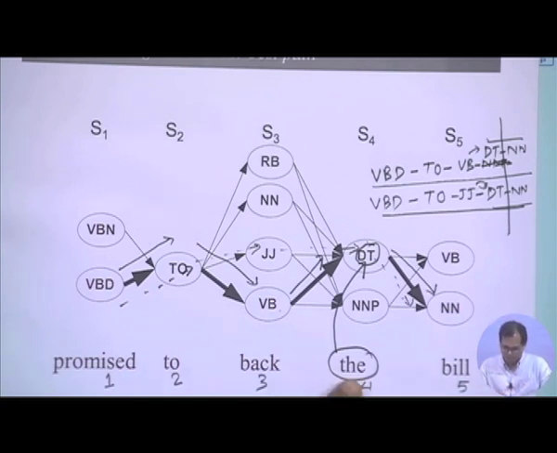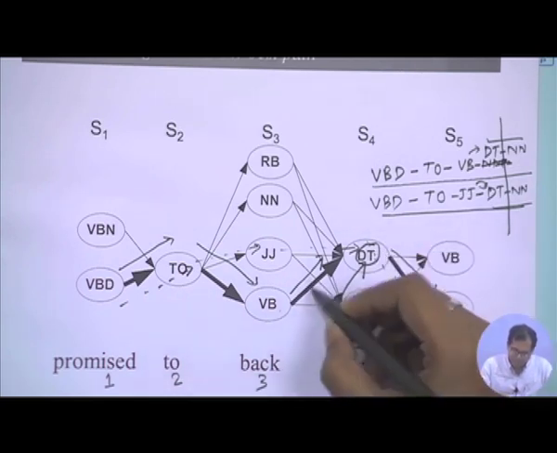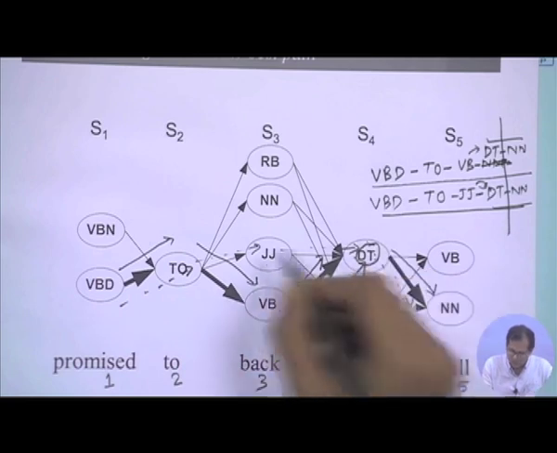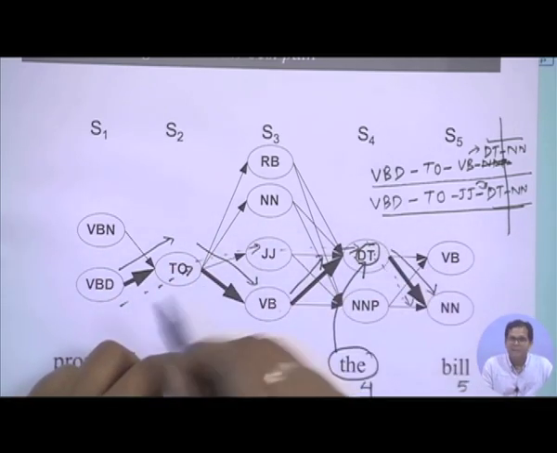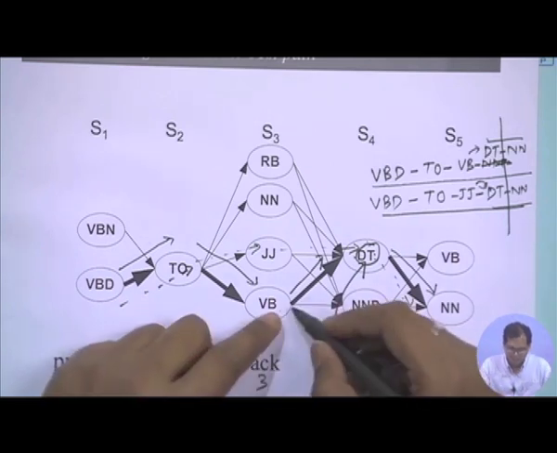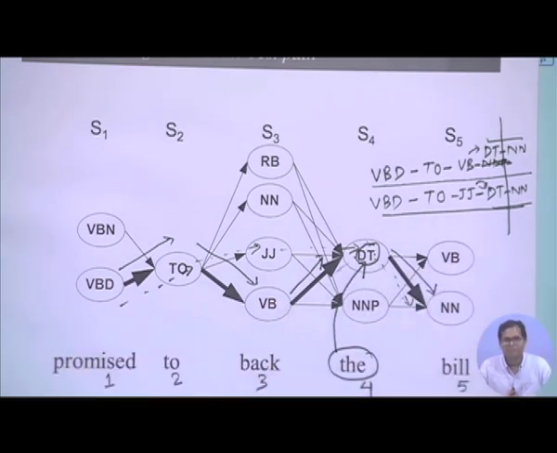So in this example, once I store at step 4 for DT that the best way is coming from VB and not from JJ, when I go further, I need not worry about this path at all. I can simply continue with this path.